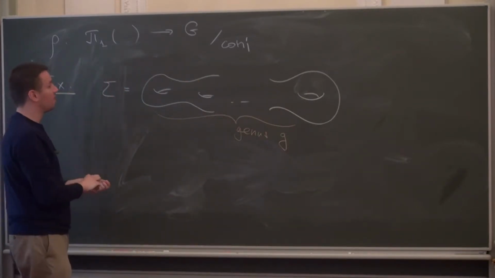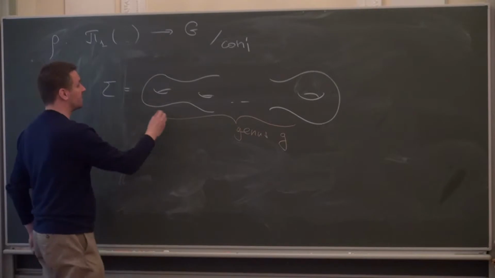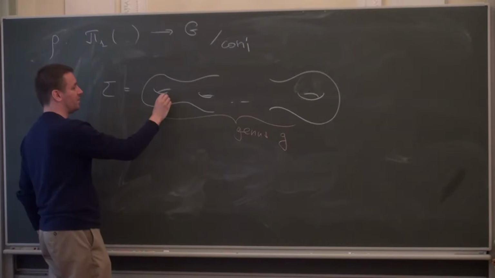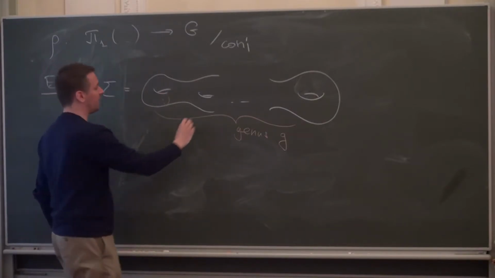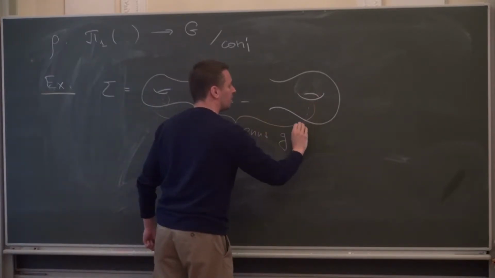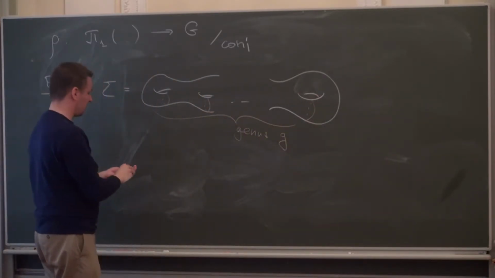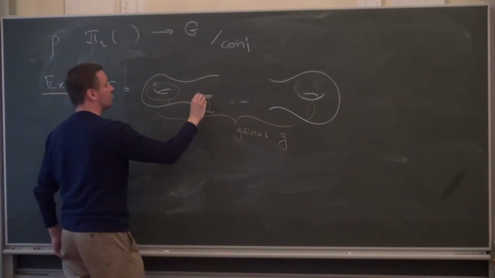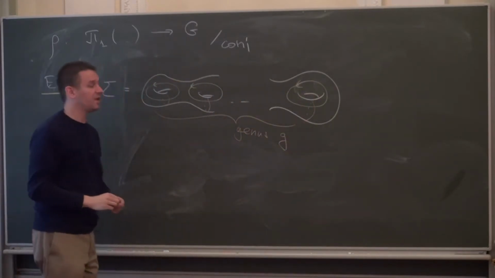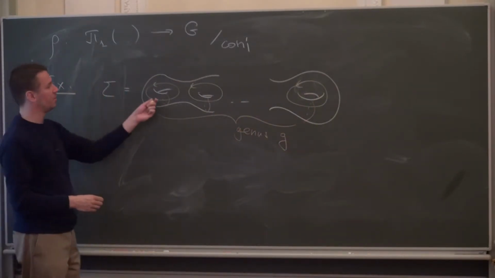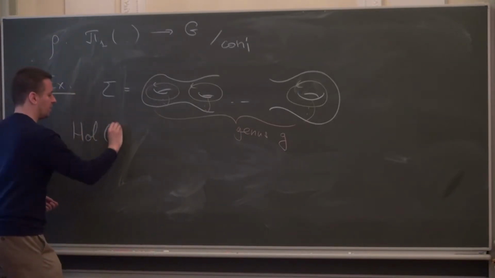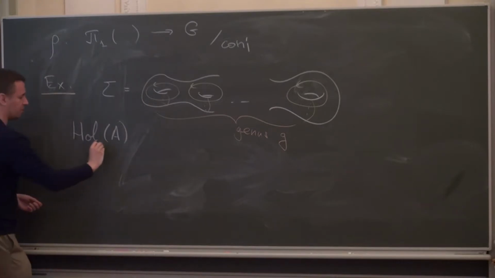And then a flat connection on such a Riemann surface is characterized by its holonomies around all possible cycles. In this case, as we know, there are 2g non-trivial cycles. There are A cycles and B cycles. One cycle's here, and I'll choose a basis of B cycles like this. So every flat connection will be characterized by the holonomy of our gauge field A around the cycles.